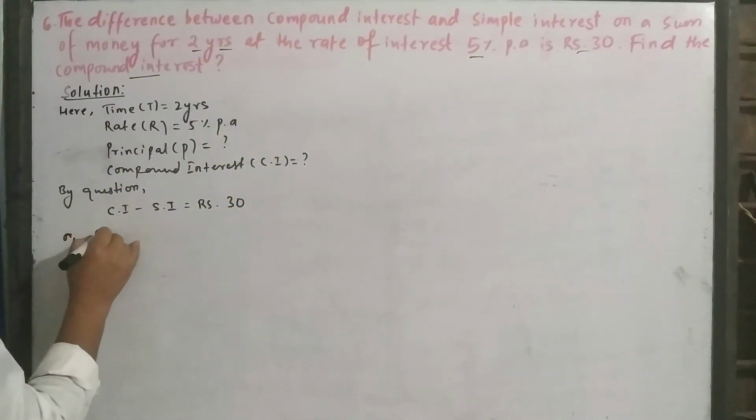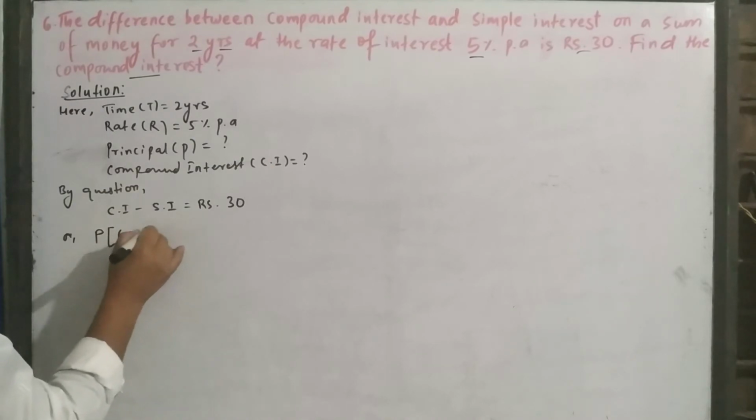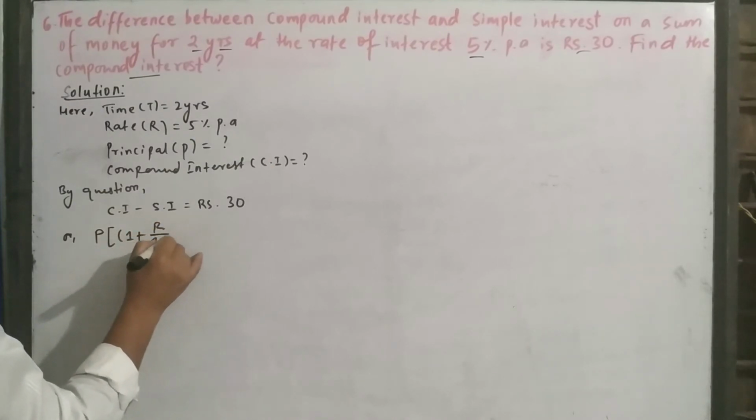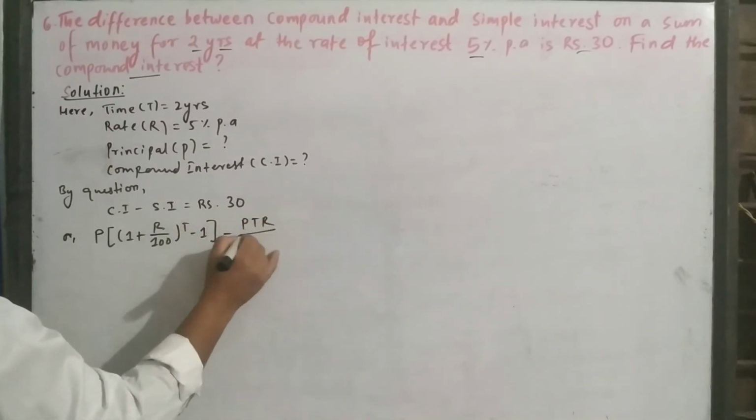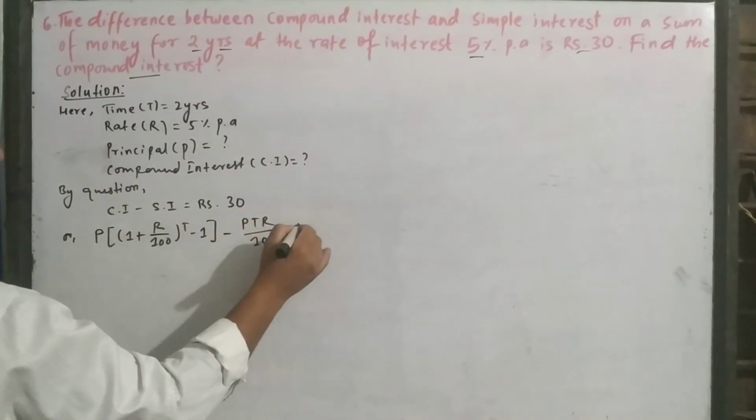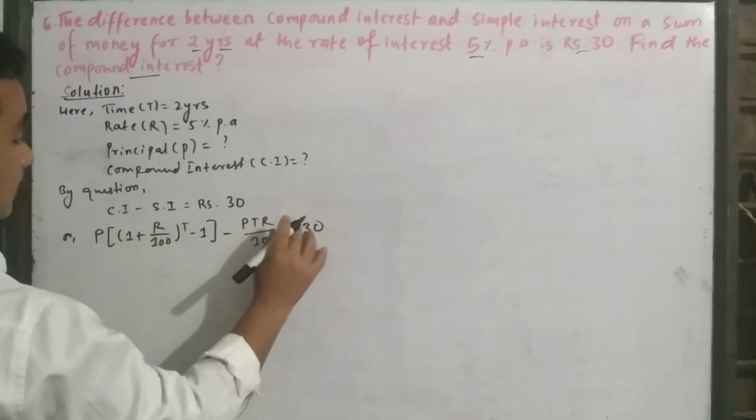Or P into 1 plus R by 100 all power T minus 1 minus PTR by 100 is equal to 30.